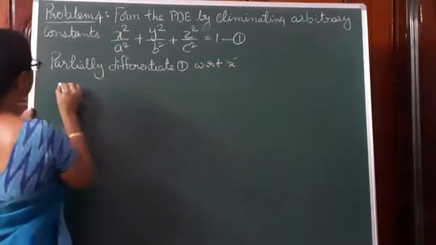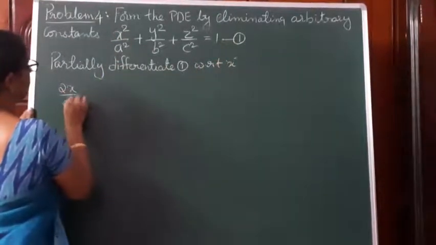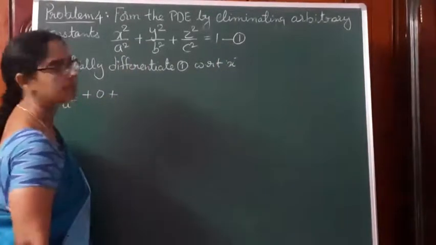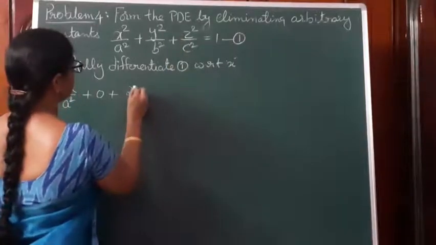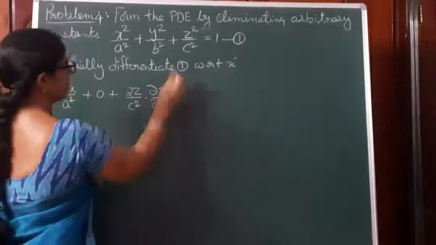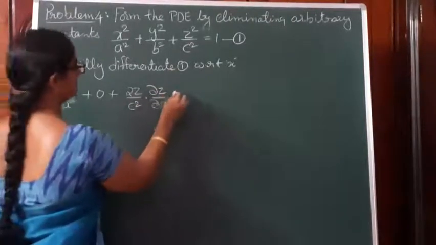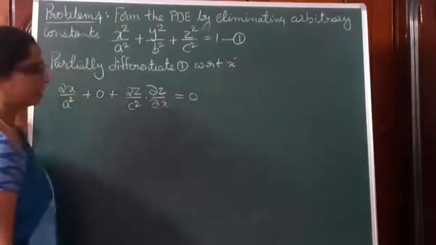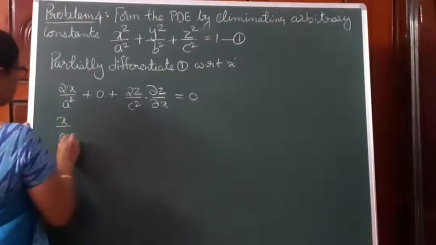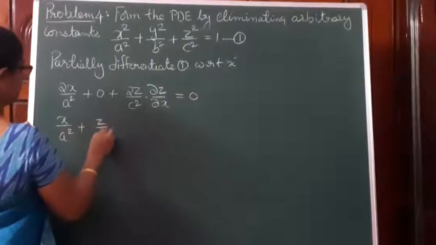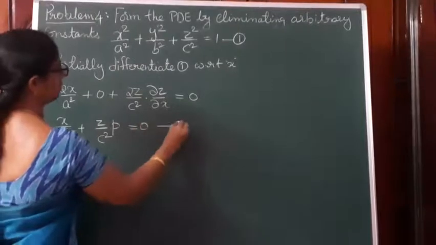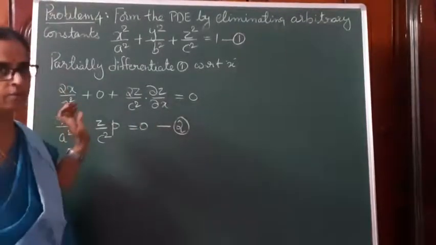Derivative of x square is 2x by a square. Derivative of y square is 0 as we are differentiating with respect to x. Derivative of z square is 2z into dou z by dou x. So 2z by c square into dou z by dou x is equal to derivative of 1, which is 0. So let us simplify this. Cancelling 2, we get x by a square plus z by c square into dou z by dou x, which is p, is equal to 0. Call this equation number 2.